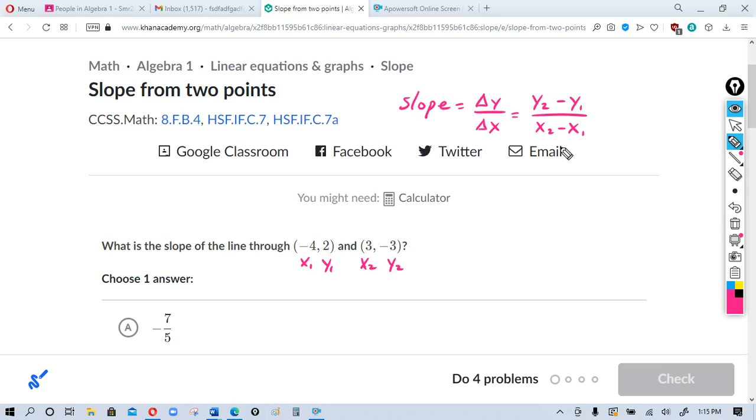And then we're just going to subtract y2 minus y1. So our slope m is going to be y2 minus y1, negative 3 minus 2. And for x2 minus x1, I'm going to do 3 minus negative 4.